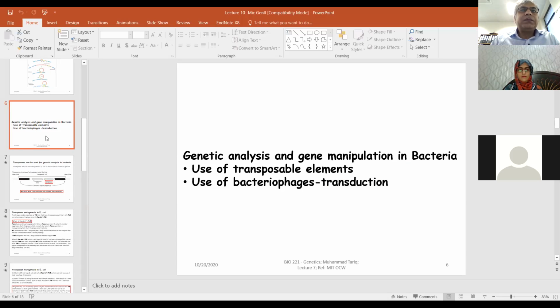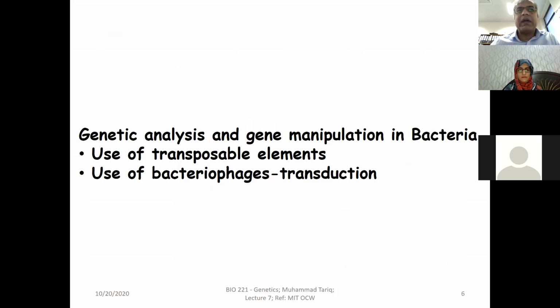So today we are going to cover two things. One is how we can do genetic analysis in bacteria using transposable elements, and also how we can play with phages, bacteriophages.